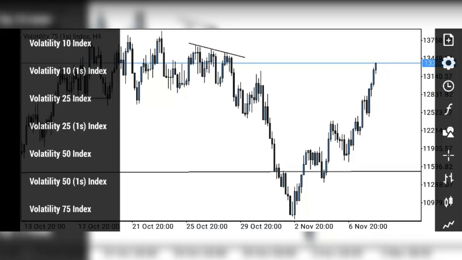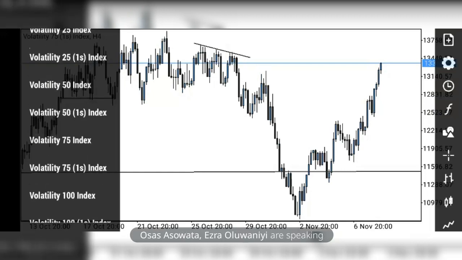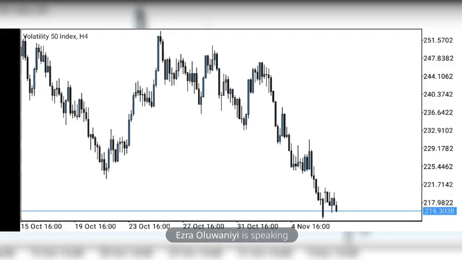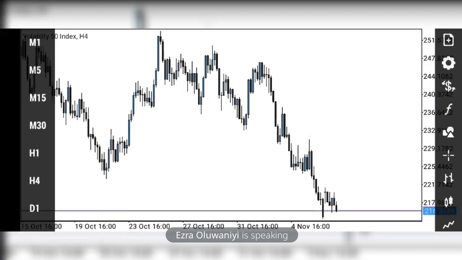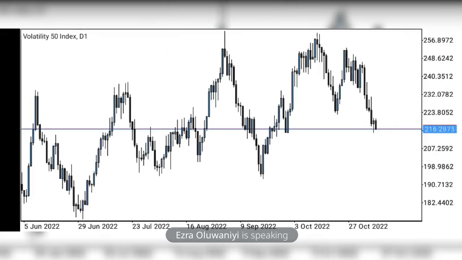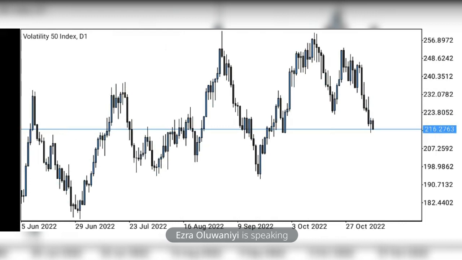VIS50 again. What is happening on VIS50? Let me just check VIS50. This VIS50 is now very stubborn. It has been selling for a few days now.